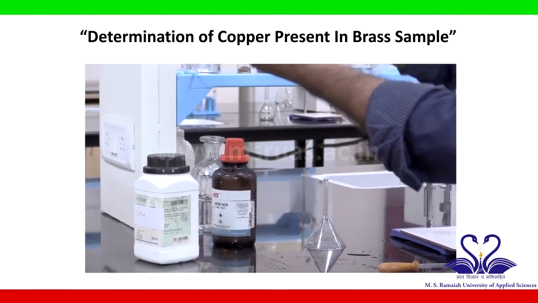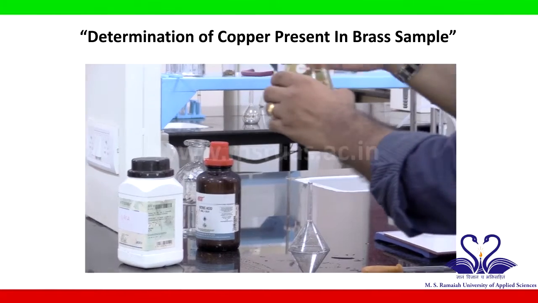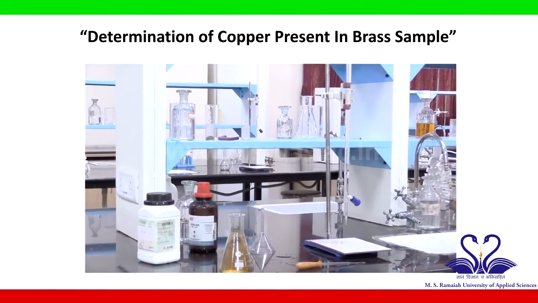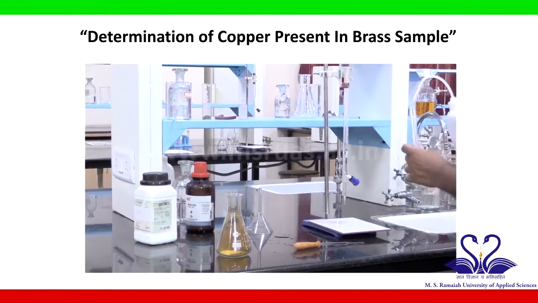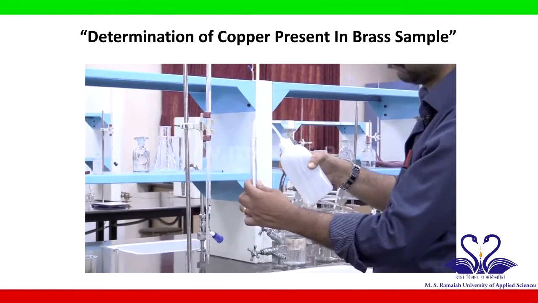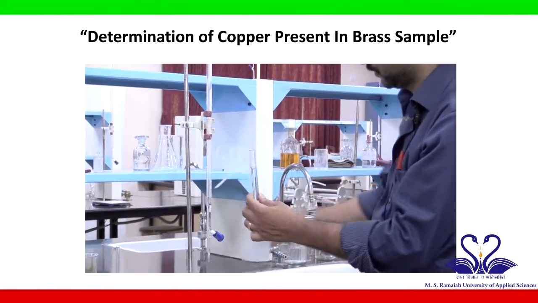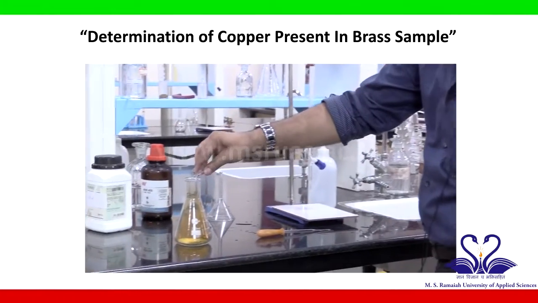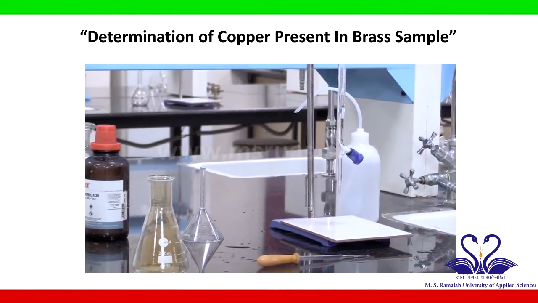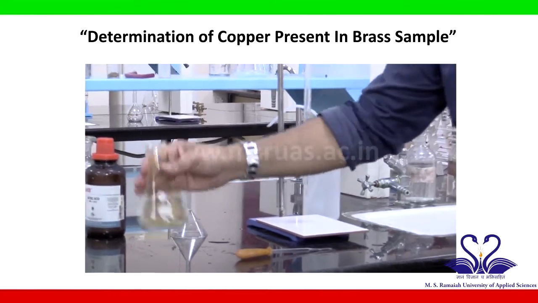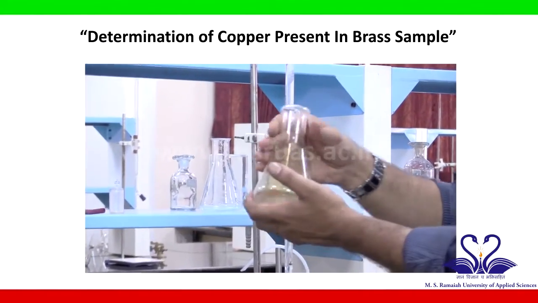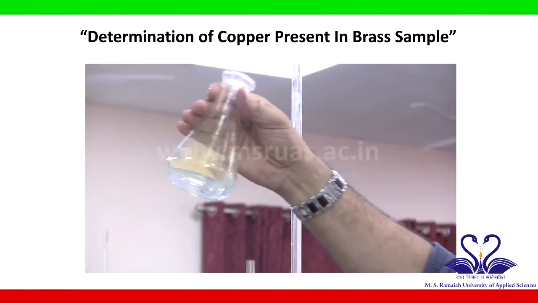So we want the oxides of nitrogen to be destroyed. We are adding urea and 1 test tube full of water. The urea has been dissolved now.